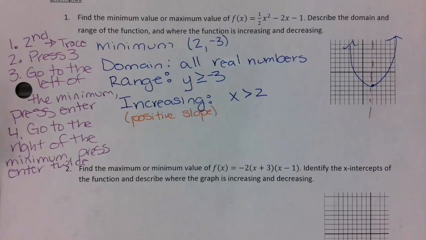The range is always y, and it's either going to be greater than or equal to or less than or equal to, depending on which way it opens, up or down. It could be less than or equal to if it opens down. Okay?